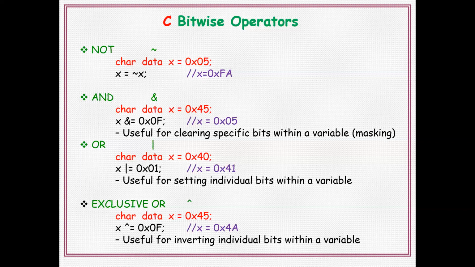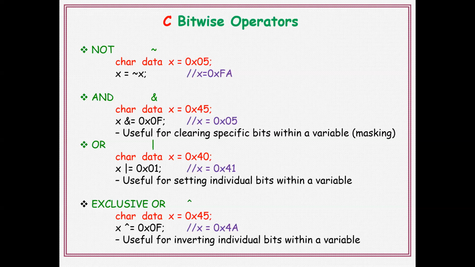Next, exclusive OR operation. We know that for XOR operation, with similar values the output equal to 0, like 1, 1 output equal to 0, 0, 0 output equal to 0. Different values output equal to 1. So, AND operation is useful for clearing specific bits within a variable, used to mask the bits.